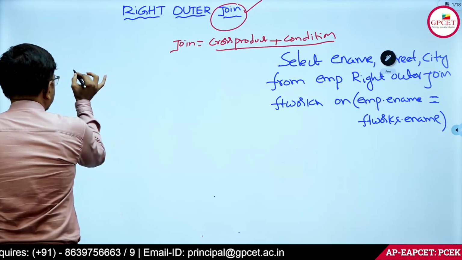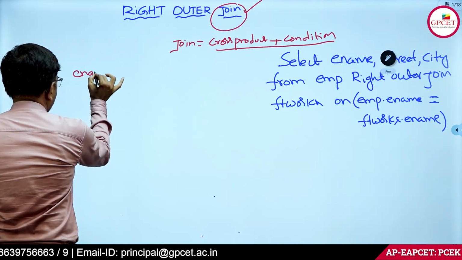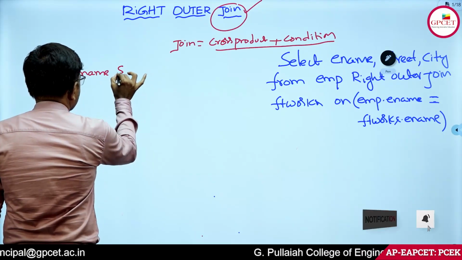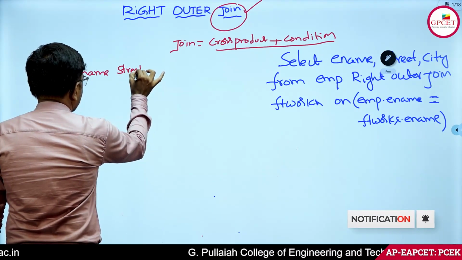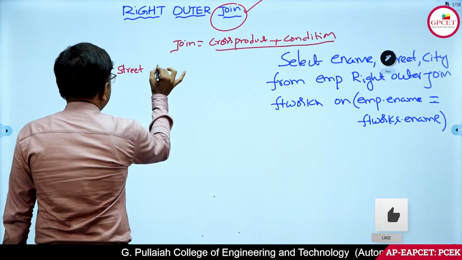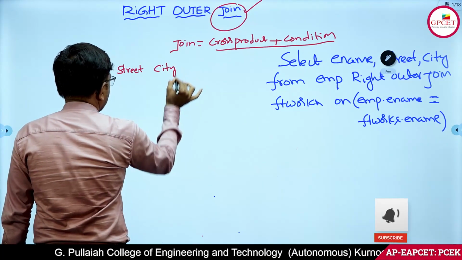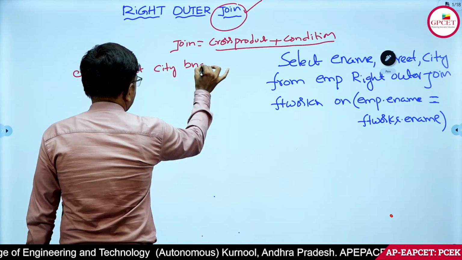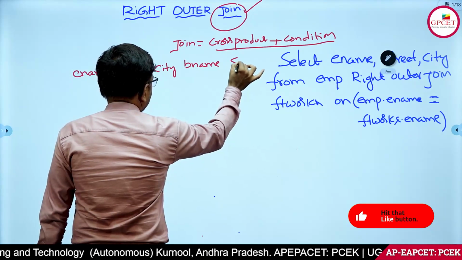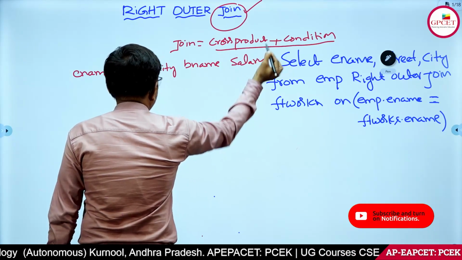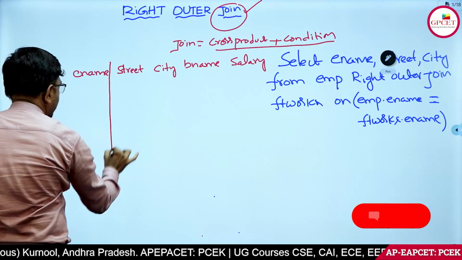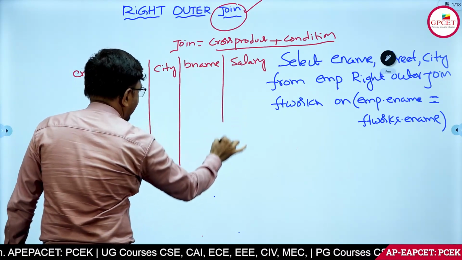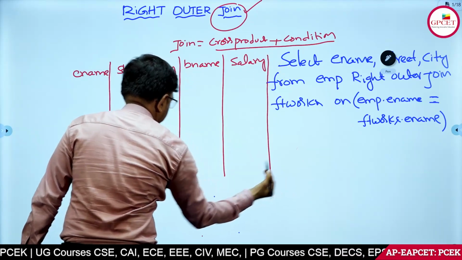The result columns are: first column employee name, second column street, third column city, fourth column branch name, last column salary.